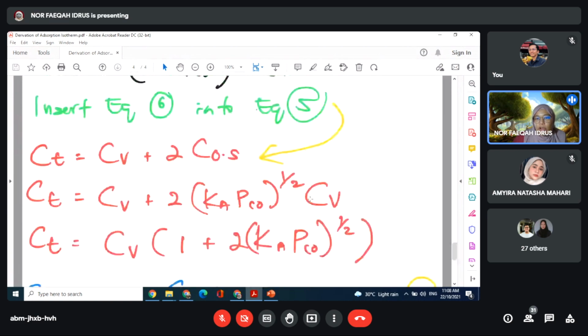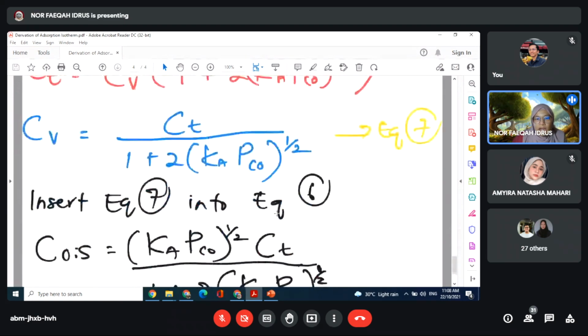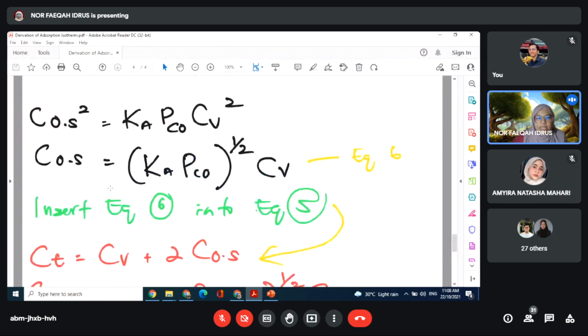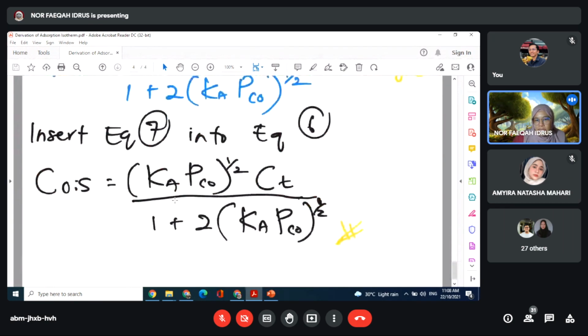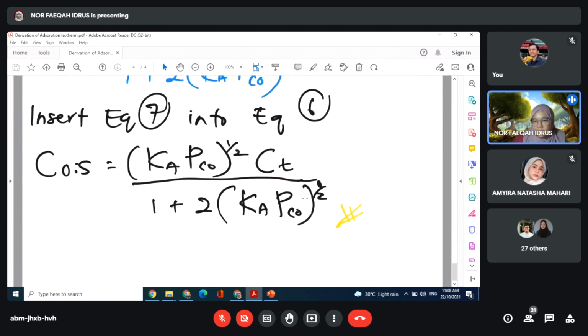So that's why I drew arrows everywhere, inserting to there, inserting to here. So insert equation 7 into equation 6, into this equation, because we want to eliminate CV. So this is the adsorption isotherm for adsorption of oxygen.